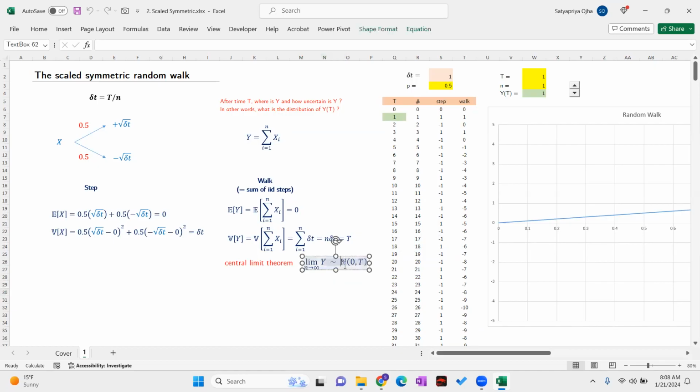Now we could create a process that is tied to the time dimension directly, not steps. You can divide it into as many number of steps as you want. This remains intact. There is no change to this because if you change n, delta t also gets changed. Step sizes also get impacted, but the overall effect is the same: normal distribution, zero mean, variance equal to capital T.